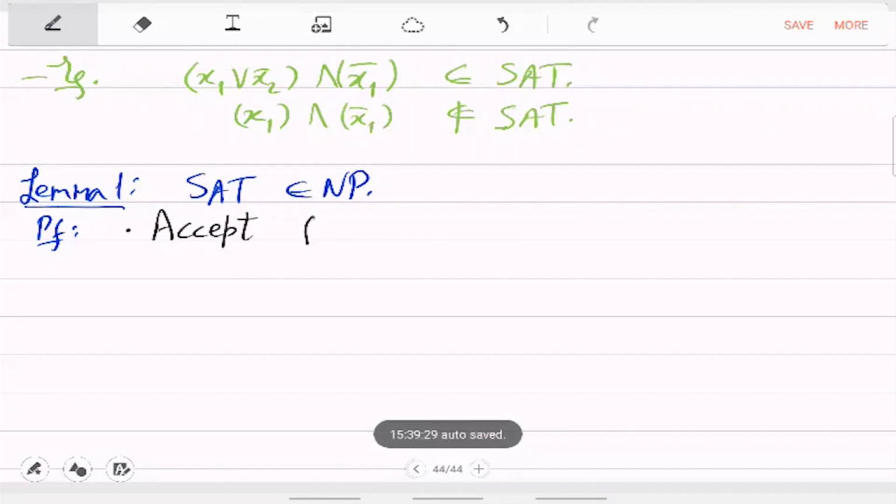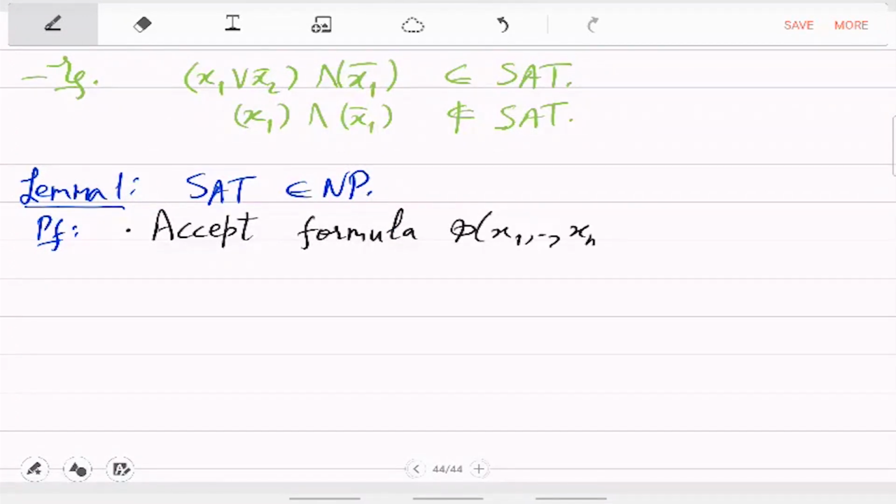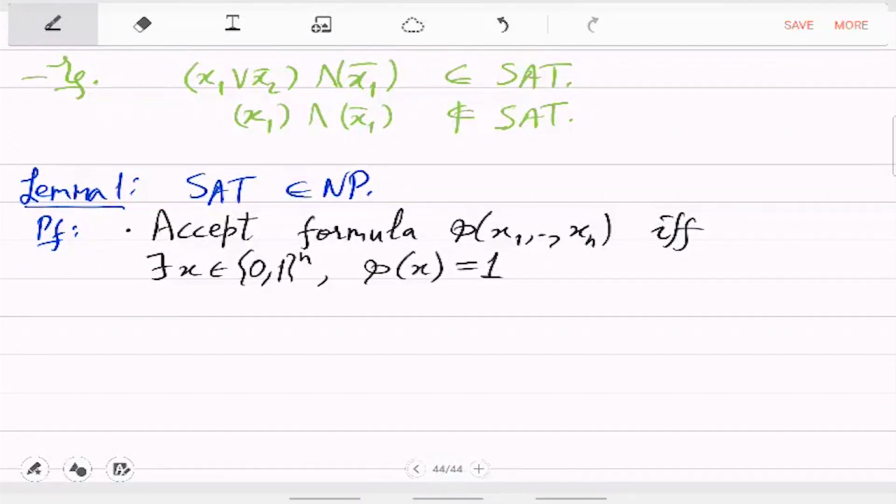So accept formula phi if and only if there exists an x such that phi(x) is 1. So that is what the verifier will do.